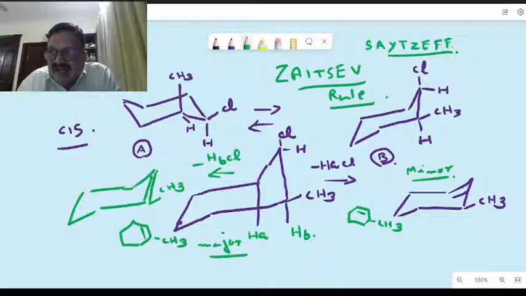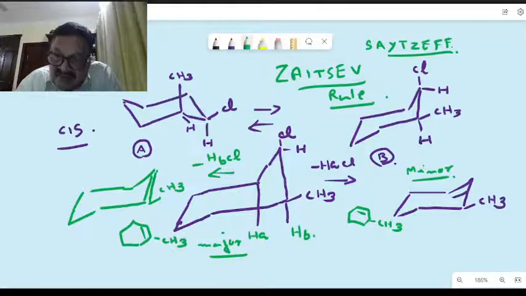The major product will be the more stable one, the alkene with the more substituted double bond. That is what the Zaitsev rule says: the major product in beta elimination has the more substituted double bond.